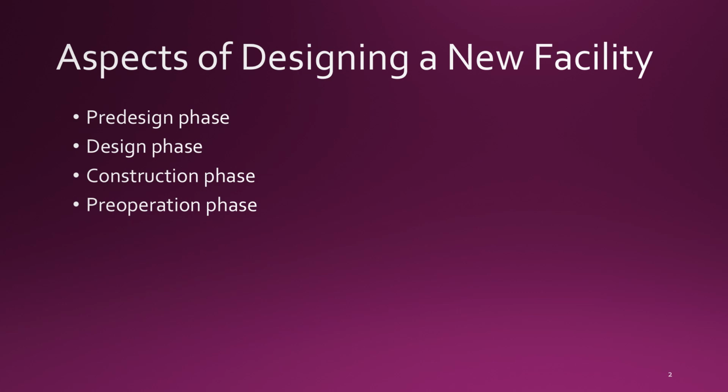The construction phase, where we'll actually be building the strength and conditioning facility. And then the pre-operation phase. After the construction is completed, what are the things that we need to do to make sure that this facility will run smoothly and efficiently?